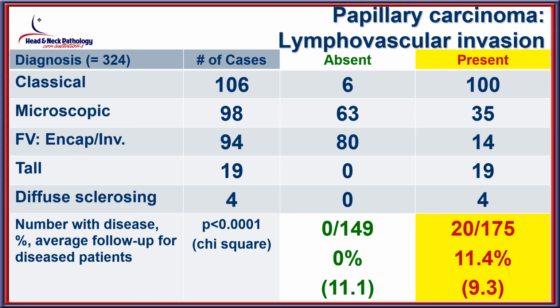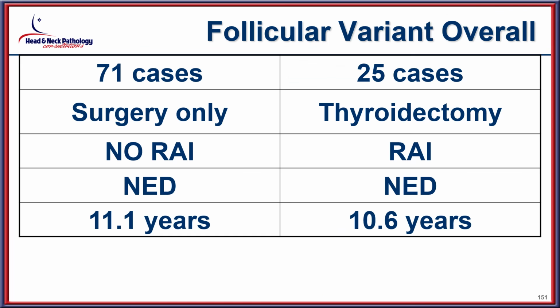However, the moment you go to the next group, you can see that when lymphovascular invasion is present, now 11% of the patients will have evidence of disease at last follow-up, and these are the patients who develop local recurrence or metastatic disease. So again, for me, the presence or absence of lymphovascular invasion is one of the single most valuable features to be able to document.